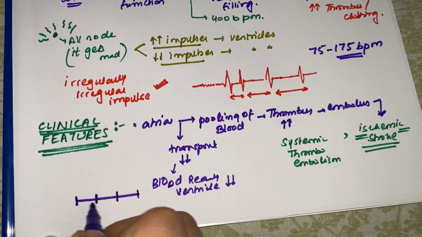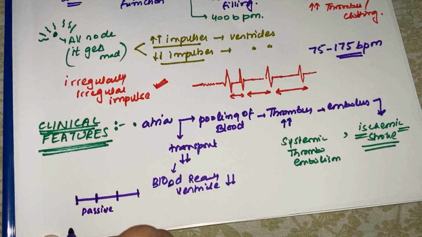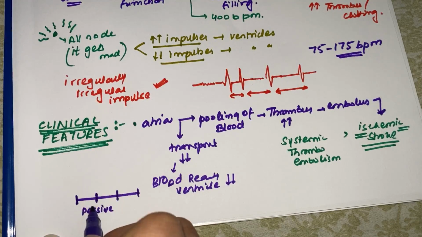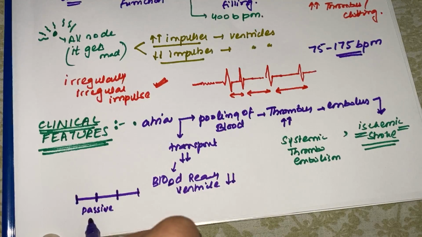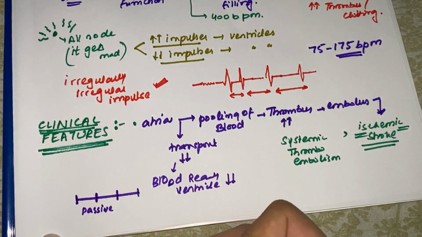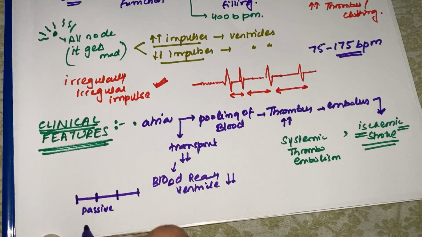These two phases occur passively. These are the two phases of diastole which occur passively. They do not require any atrial contraction to cause transfer of blood from the atria to the ventricles. And they almost transfer 80% of the blood to the ventricles.